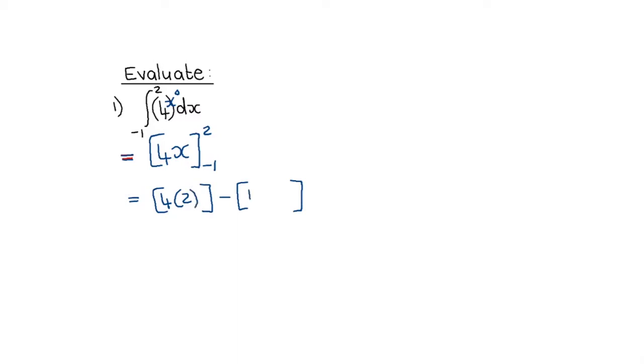So it's going to be 4 times 2 minus 4 times negative 1, which is going to be 8 minus a negative 4, negative and a negative is positive 4, which is going to give me 12. So they said I have to evaluate this, and I gave them a numeric value.